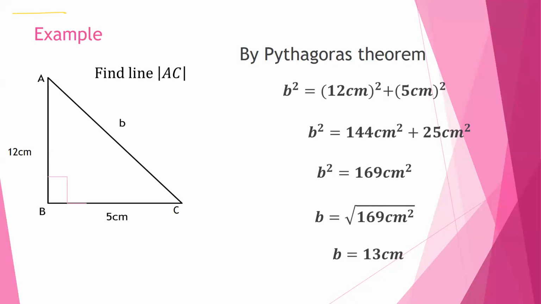Kwamina. Yes, madam. Good morning, madam. Good morning. Just on this same slide, please. In solving it, B squared is equal to 144 centimeters squared plus 25 centimeters squared.